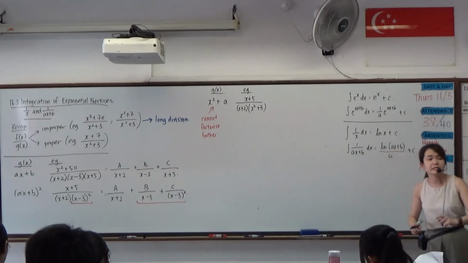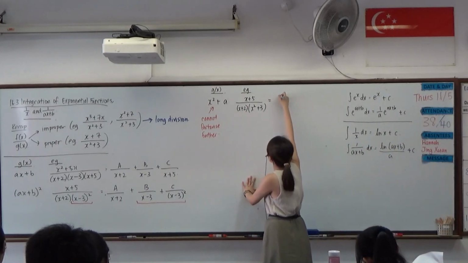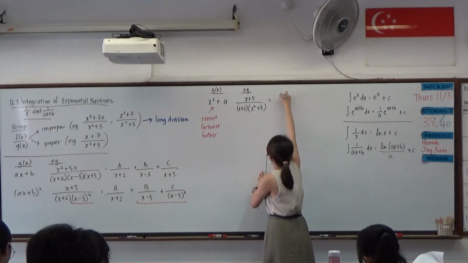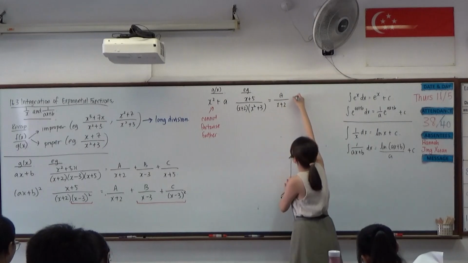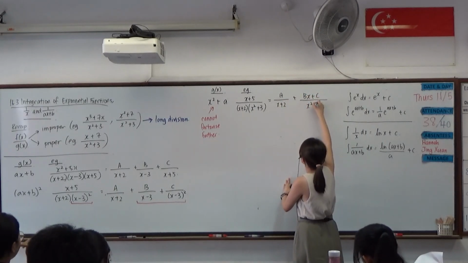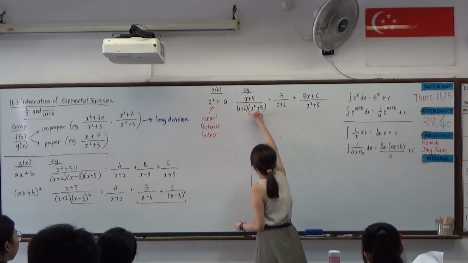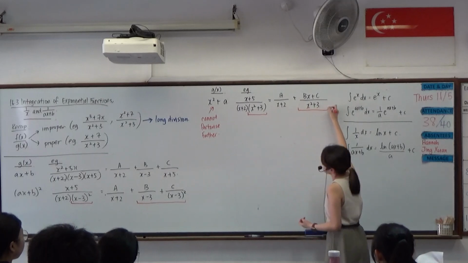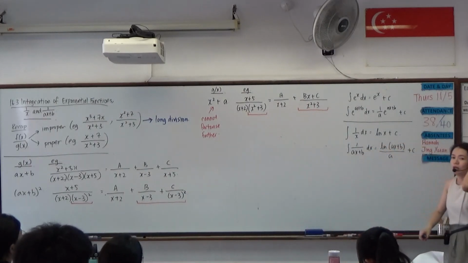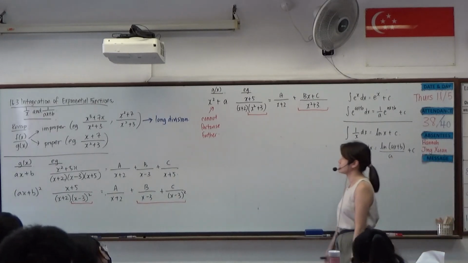So x squared plus 3 cannot factorize any further. So our partial fraction will be a over x plus 2 plus bx plus c over x squared plus 3. So having this results in this. Trying to sum up all the things we learned in partial fractions last year.